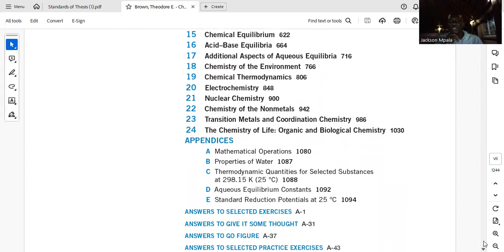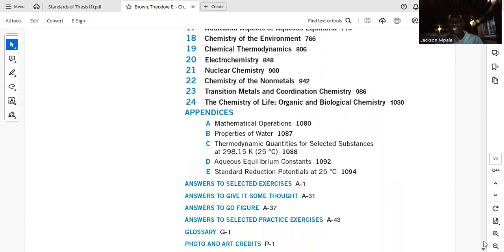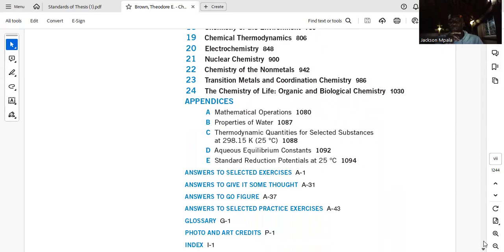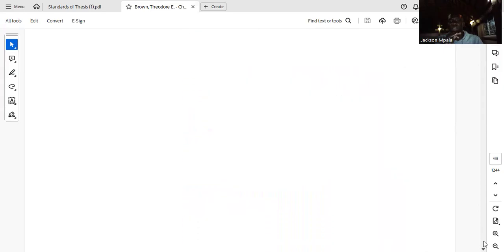Then you can see in the beginning, you've got mathematical operations, properties of water, thermodynamics, and so forth. So that is it in terms of the introduction. Once again, they tell you this page intentionally has been left blank. Why? Because of you. So you are the cause of this page being left what?